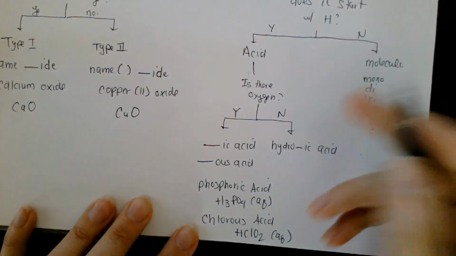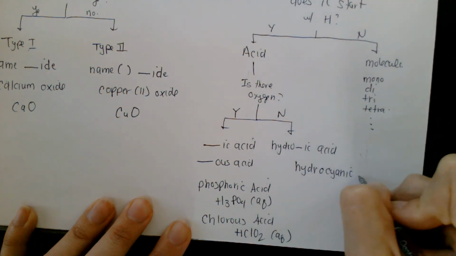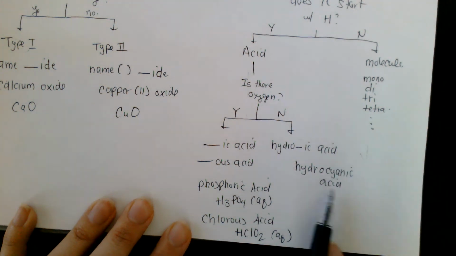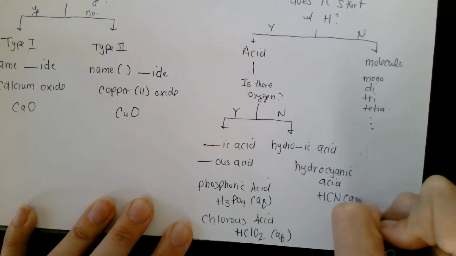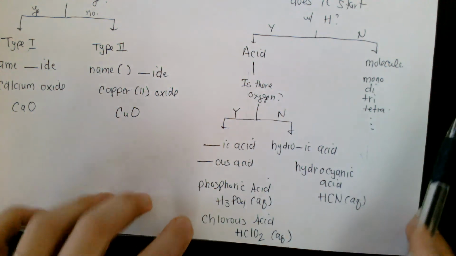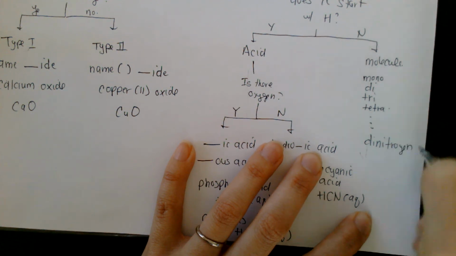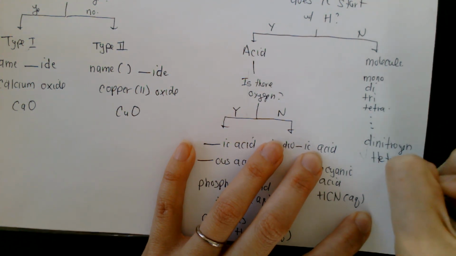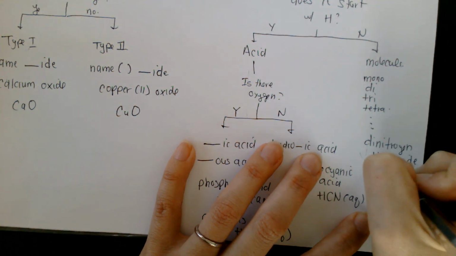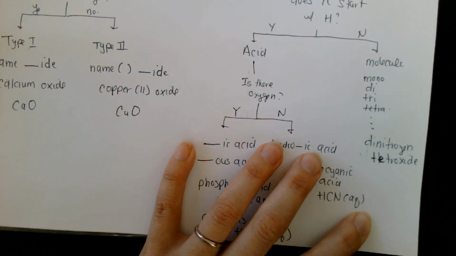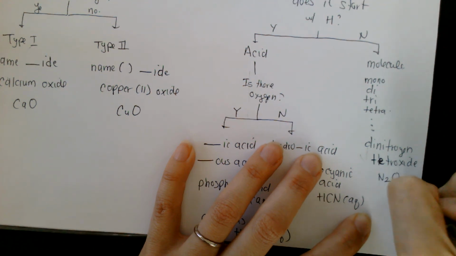Something that we could have here would be hydrocyanic acid, for example HCN (aq). And then for our molecules, we could have something like dinitrogen tetroxide. Sorry, that's tet-r-oxide. So dinitrogen tetroxide would be N2O4.